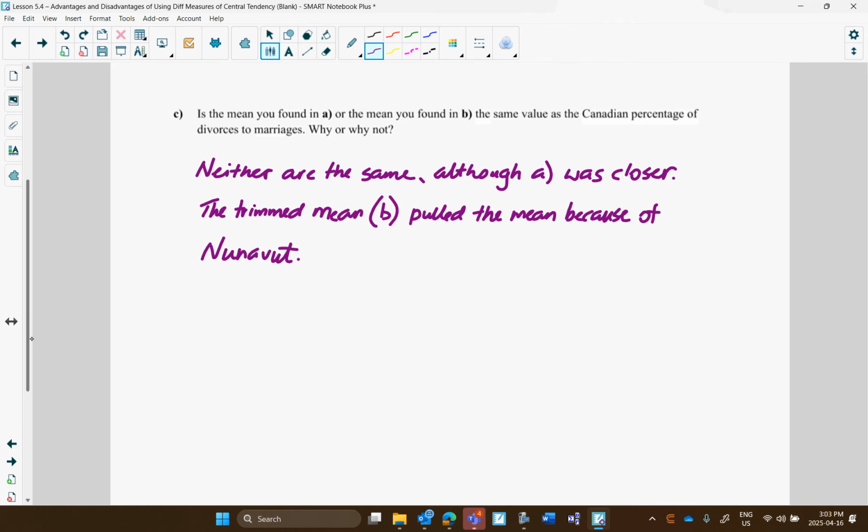And for A and B, the provinces and territories were given equal weight.